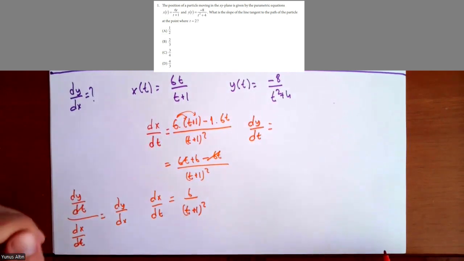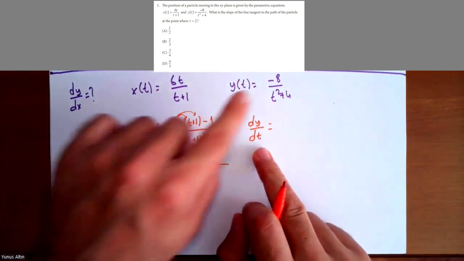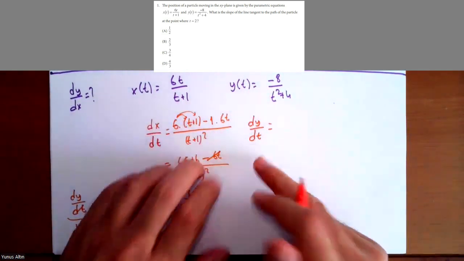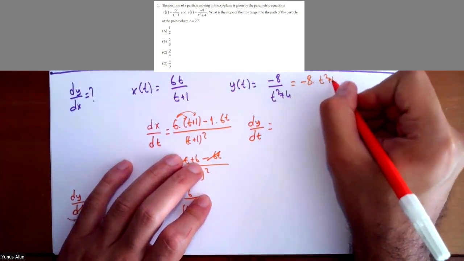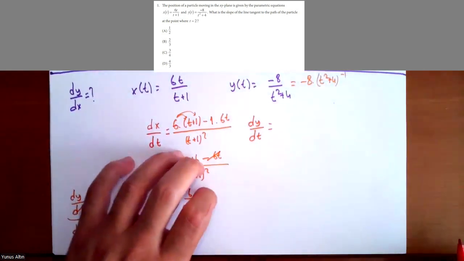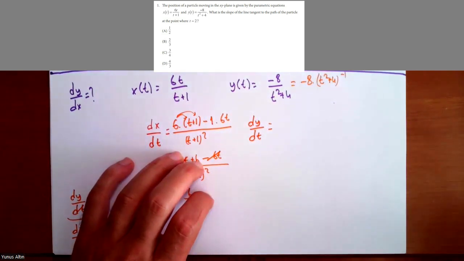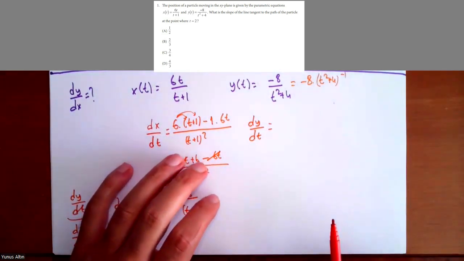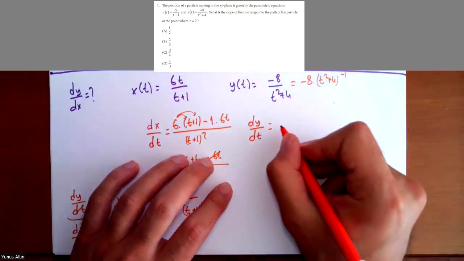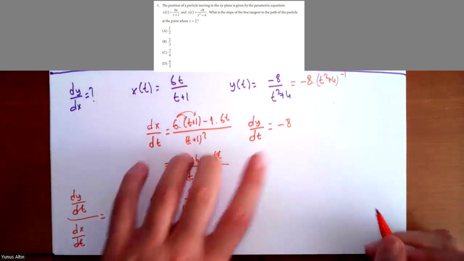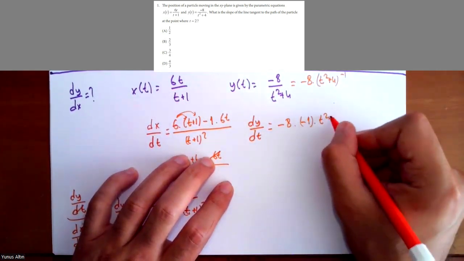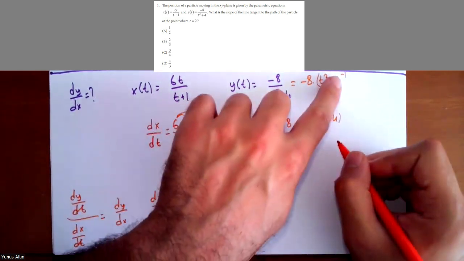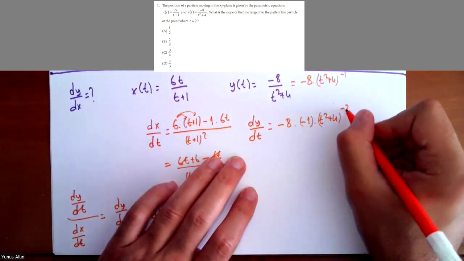Always simplify your expression. About this one, we don't have to use the quotient rule because this can be written as minus 8 times t squared plus 4 to the power of minus 1. So we can just basically take the derivative. Minus 1 comes here, the coefficient stays the same. Minus 1 times t squared plus 4, this decreases by 1 and becomes minus 2.